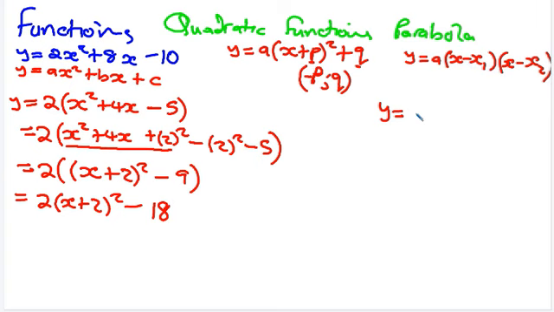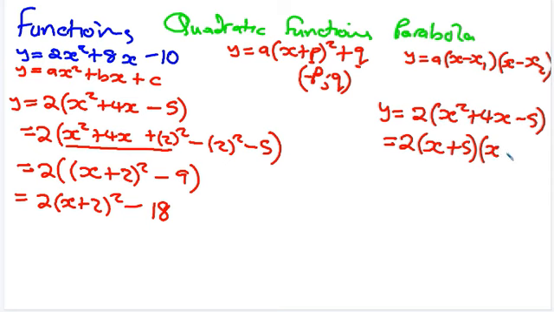And then writing it in the other form, we factored out 2 there, so we have y is equal to 2 bracket x squared plus 4x minus 5. This is going to be 2 bracket, factorize this one. We have x plus 5 and x minus 1.